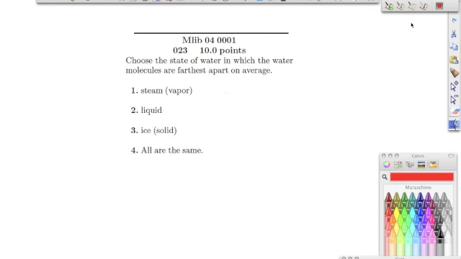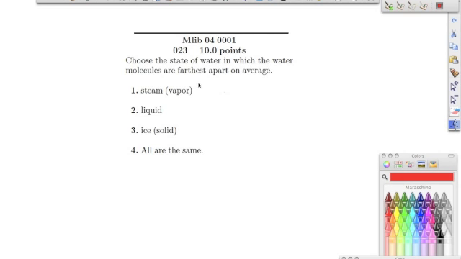Okay, it says choose a state of water in which the water molecules are farthest apart on average. The main thing that we have to look at with water is that water has a special property where in the solid state it's actually less dense than in the liquid state. But in this case, it's giving us all three states of matter: steam, liquid, and ice.